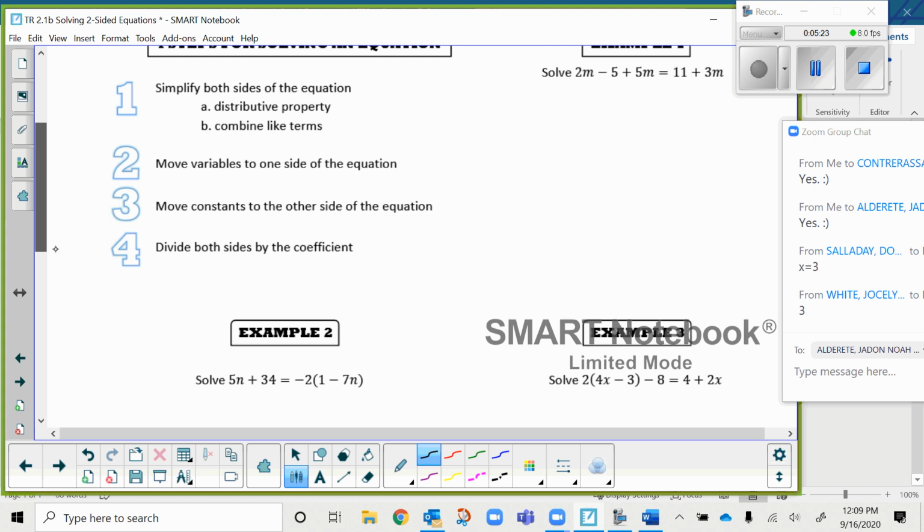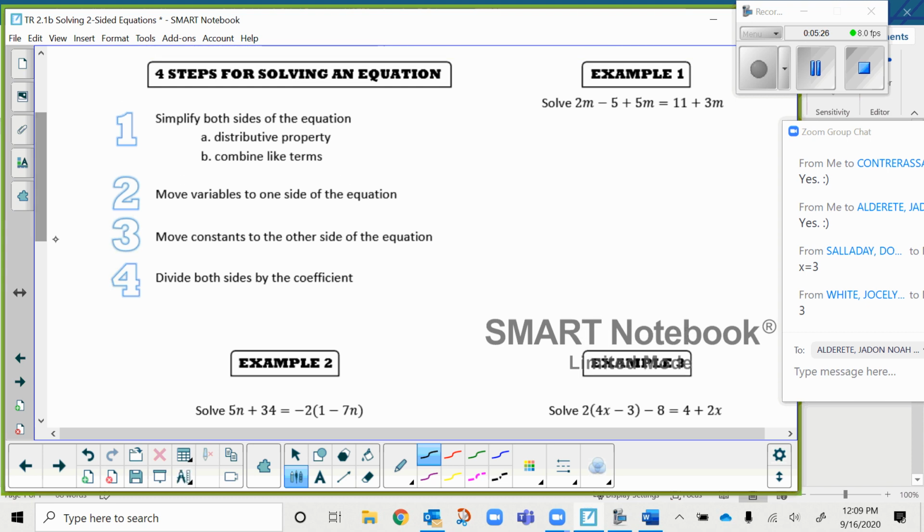So example 1, we have 2m minus 5, so I'm right here, by the way. Step 1, there are 2 parts. A says to do distributive property, but in this problem, there's none.